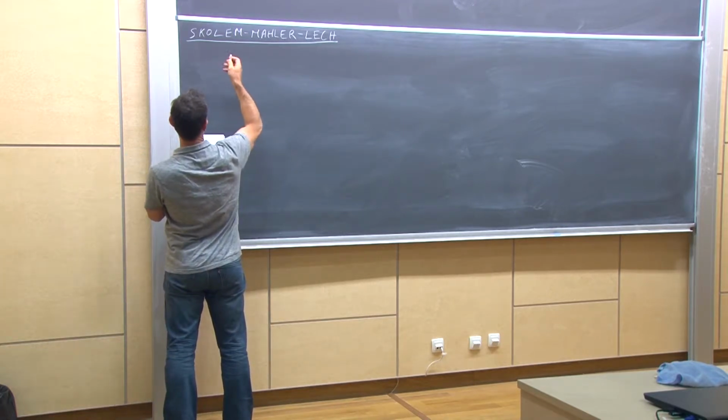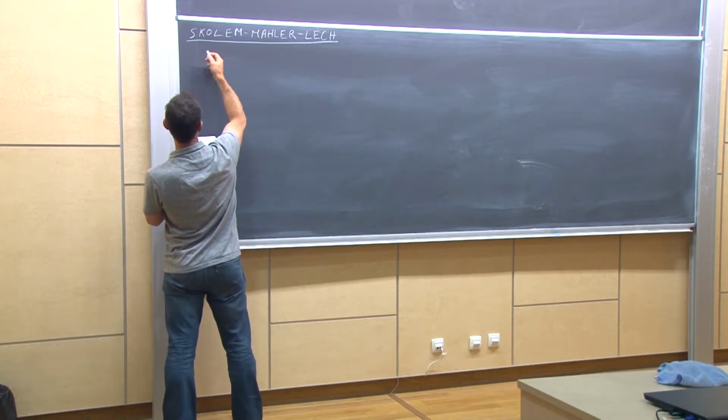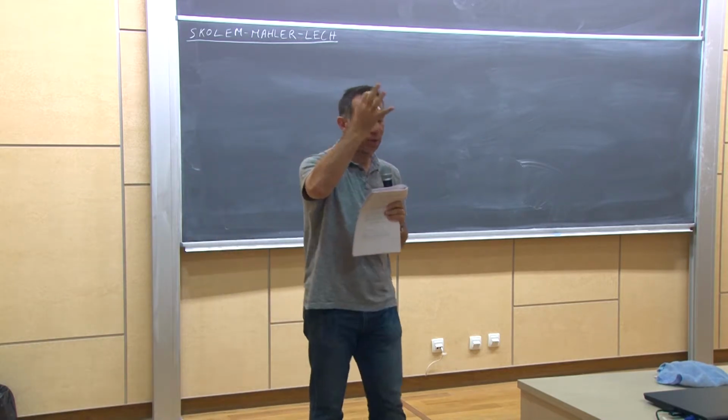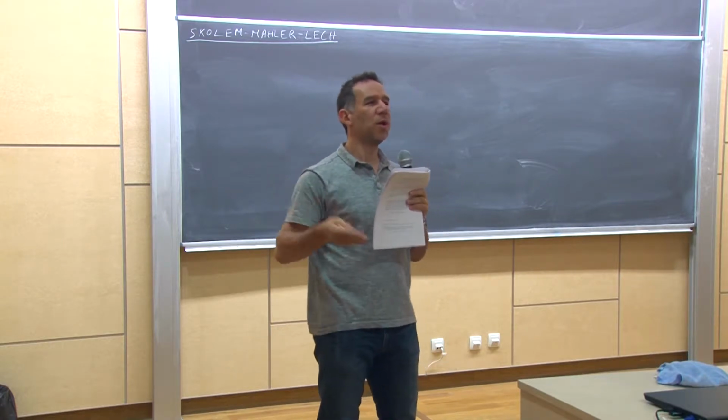Just by way of motivation, if you look at a polynomial in one variable. Actually, the other day we were asking if you have a polynomial with integer coefficients in one variable, is it decidable if it has integer zeros?